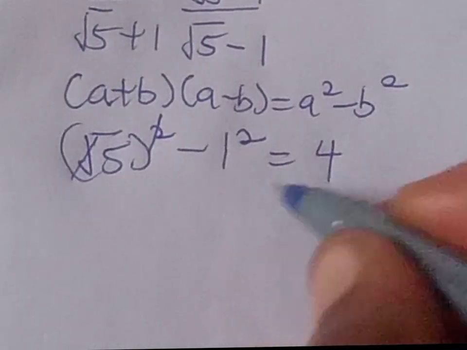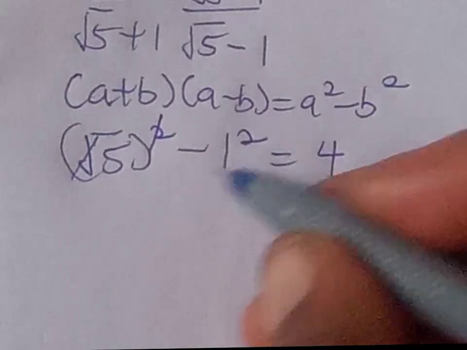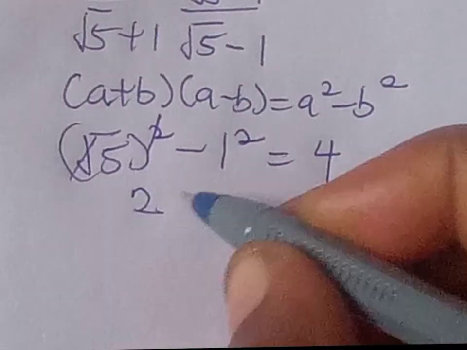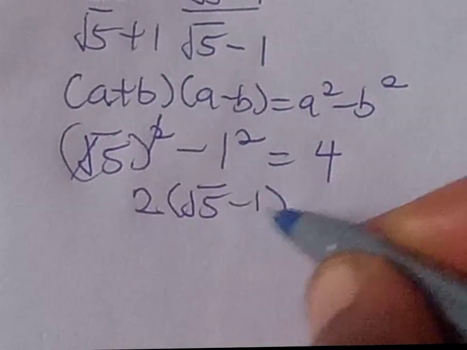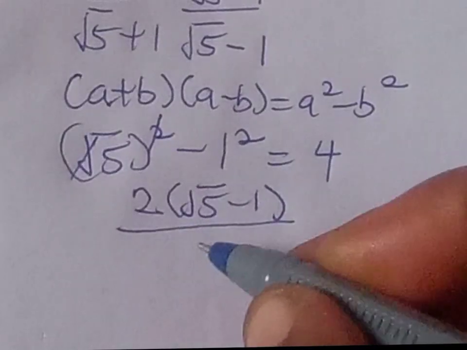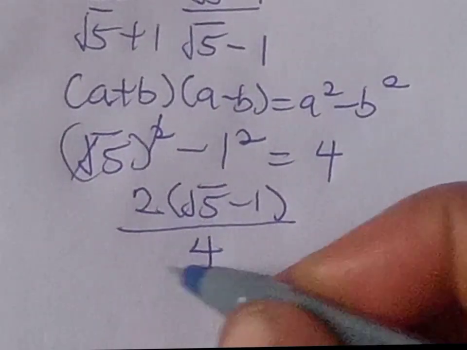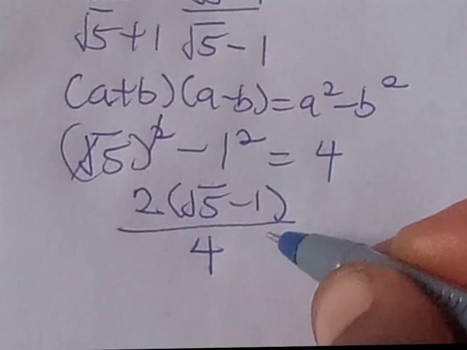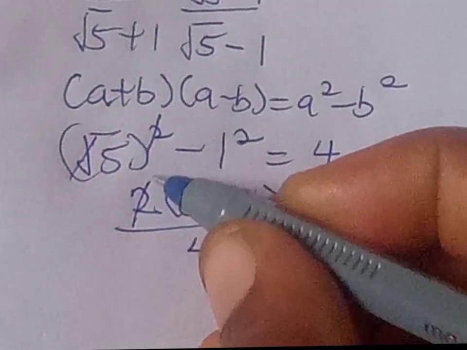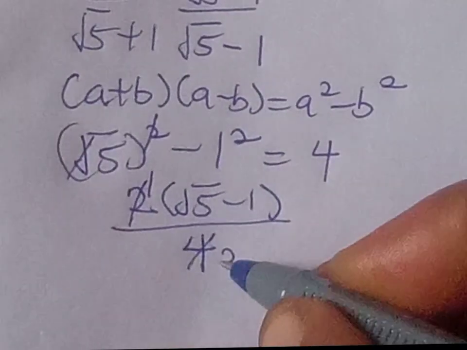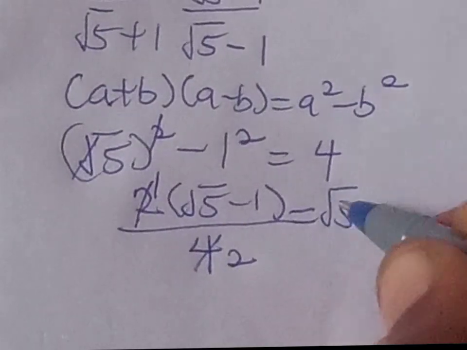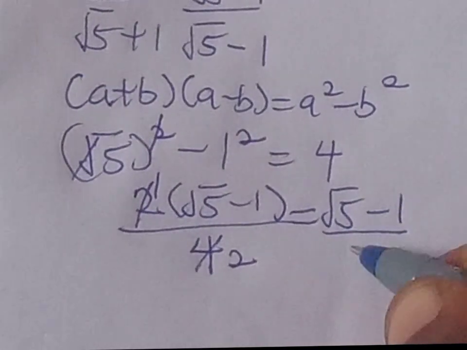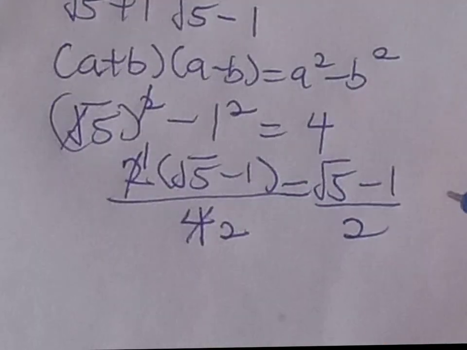Now let's put it all together. So in the numerator, we have 2 multiplied by root 5 minus 1, and in the denominator we have 4. Let's divide them. So 2 in 2, 1, 2 in 4, 2, which is equal to root 5 minus 1 divided by 2.